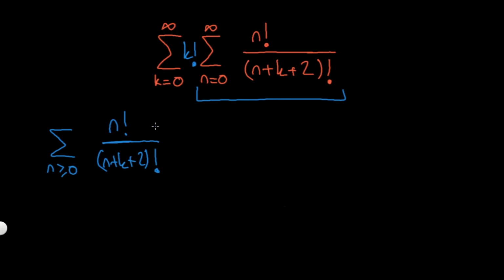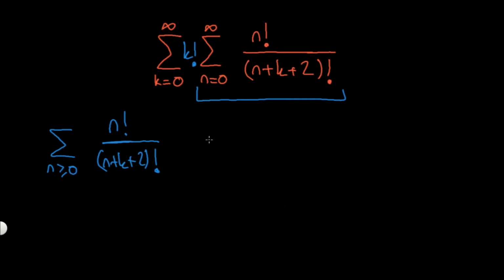What would be nice? Well, of course, to have it telescoping. If it was telescoping, meaning that if this was in the form of a_(n+1) minus a_n, for example, n is from 0 to k, almost all of the terms would cancel.